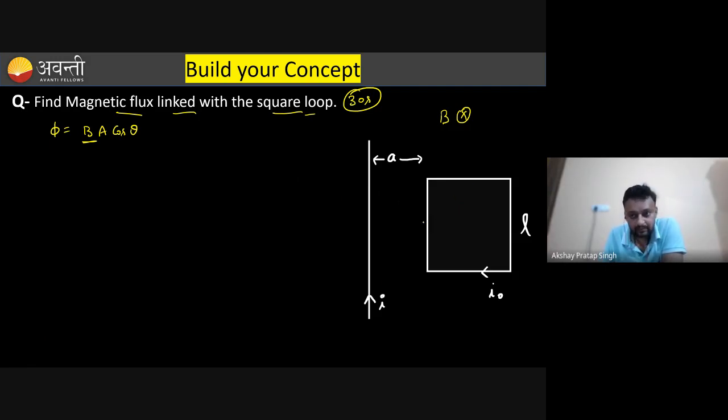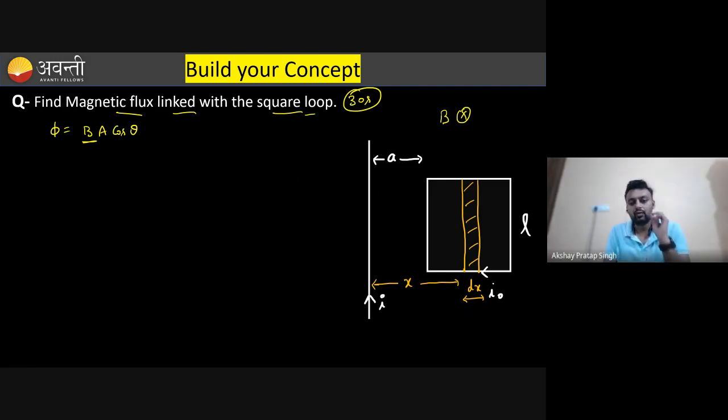This is an area, so take an area element of very small length, let's suppose dx. I have taken a very small element of length dx. Clear? At a distance x from the wire. I hope this point is clear.